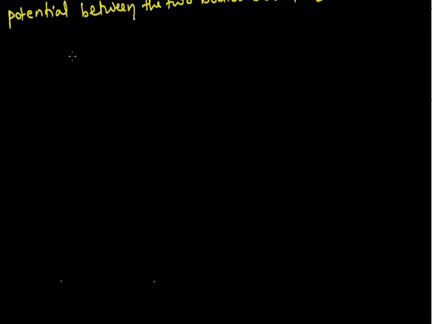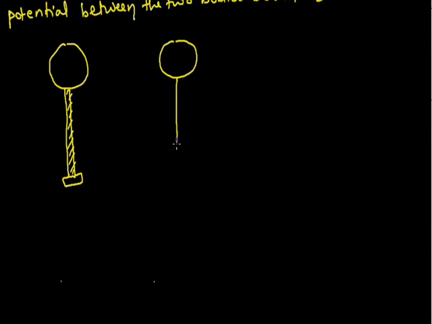Suppose we have two charged bodies. One is positively charged and the other is negatively charged, supported on insulated stands. These are two insulated stands.